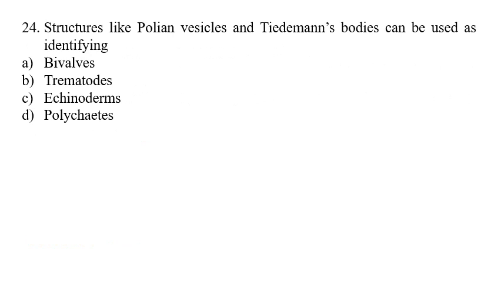Next, structures like Polian vesicles and the Tiedemann bodies can be used as identifying features of echinoderms. We know that in echinoderms, the water vascular system is present, which helps in their locomotion, feeding, and other functions. The Polian vesicles are bulbous cavities which maintain pressure in this system and hold reserve supplies of food.